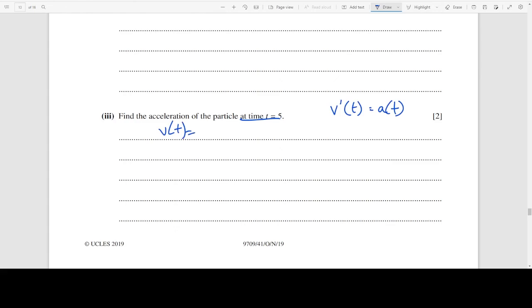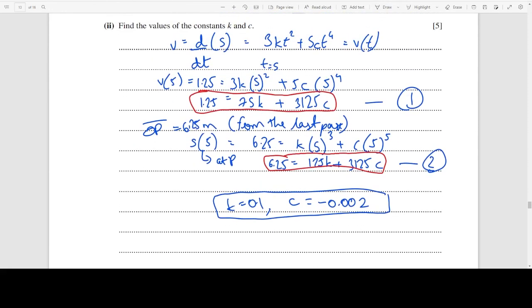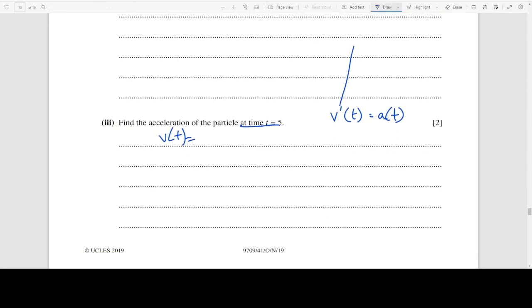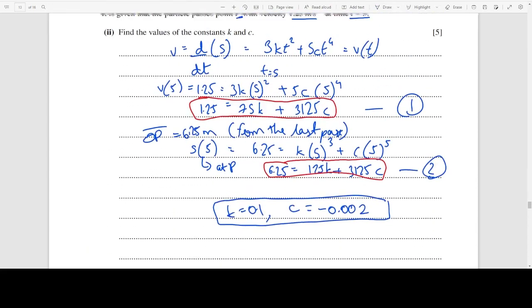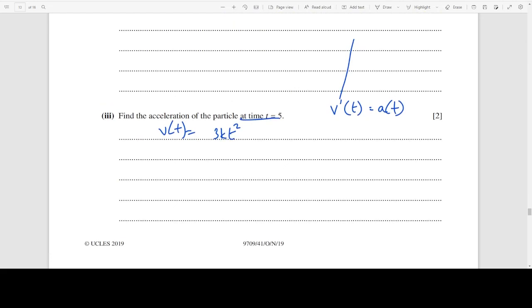V of t from the previous part was 3kt² plus 5ct⁴, which is 3 times 0.1t² plus 5 times minus 0.002t⁴.